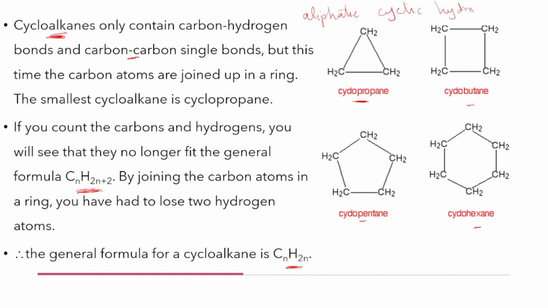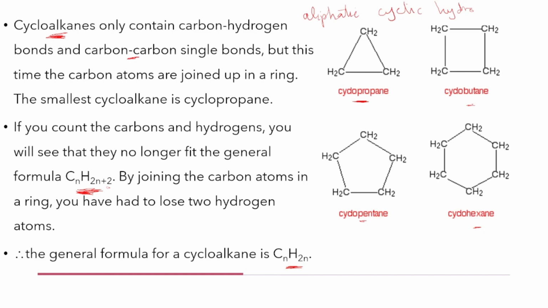It's different from the general formula of the alkane in a chain. The general formula of alkanes has 2 more hydrogen atoms than the cycloalkanes. In the cycloalkanes, because the ring is closed, 2 hydrogens are omitted from the corresponding alkane.